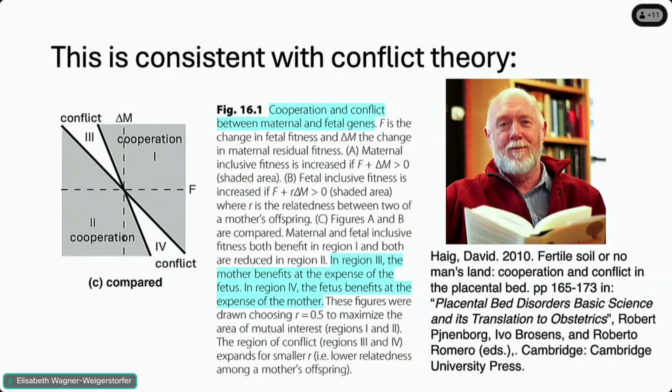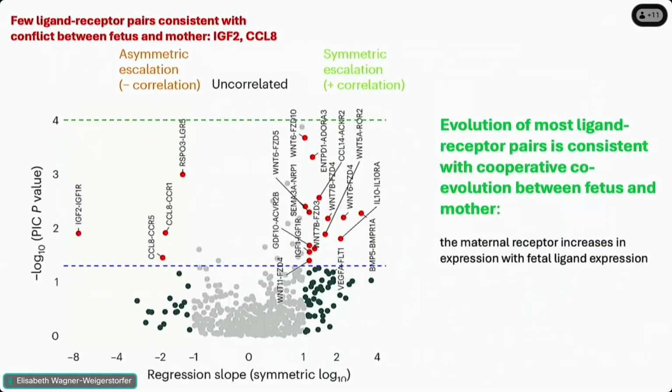And David makes the point that the real conflict only happens in this little pizza slice in the overall space of possible mutational effects, which qualitatively says most of the time mutational changes should benefit the fetus and the mother, and only a minority of mutations that fall into these two pizza slices here should show the signature of conflict, and this is exactly what we see here.